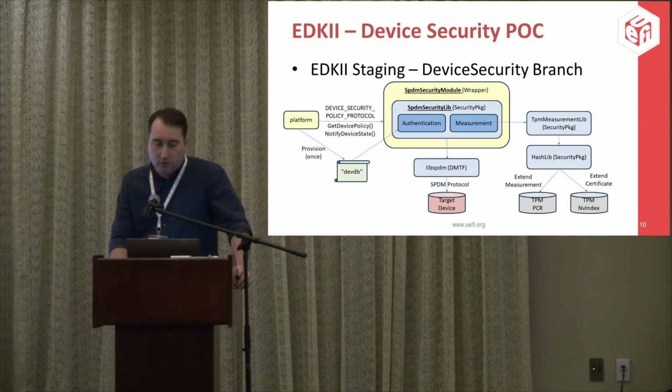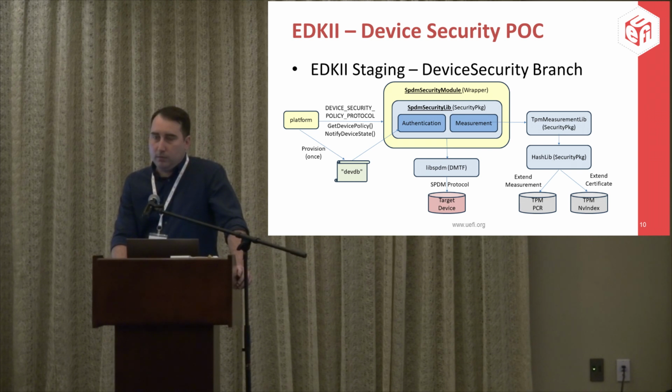From the measurement side, it uses the pretty standard TPM stack with TPM measurement lib from security package, the hash lib. And if you're extending measurements, they'll go to the TPM PCR, and if you're extending a certificate, to the NV index.